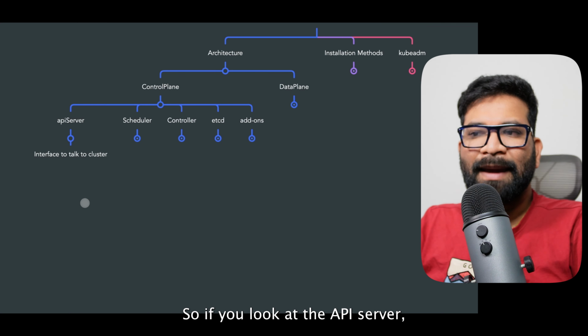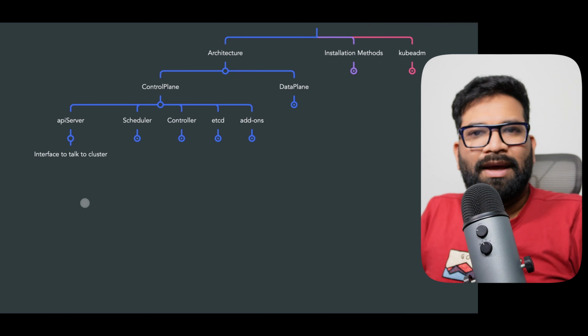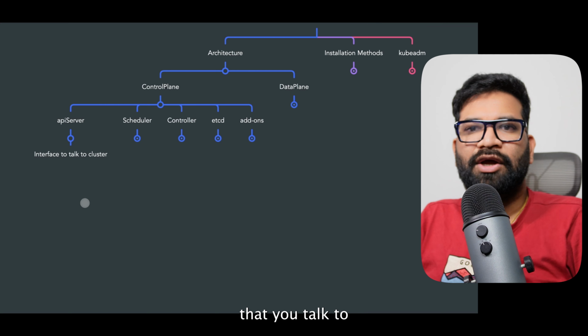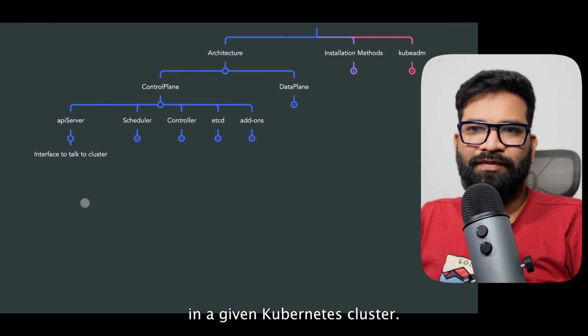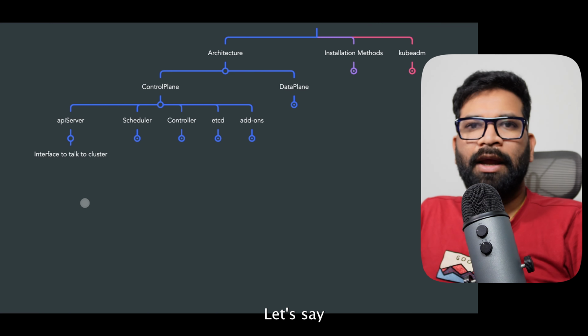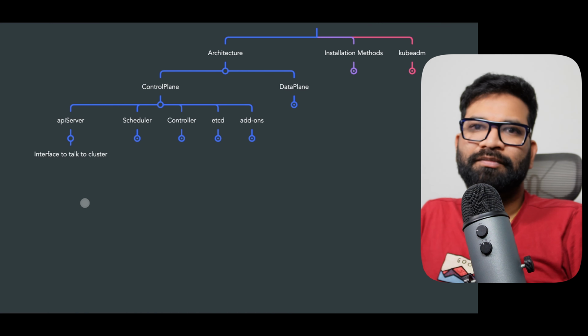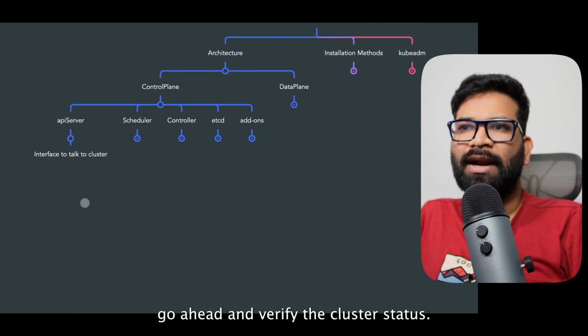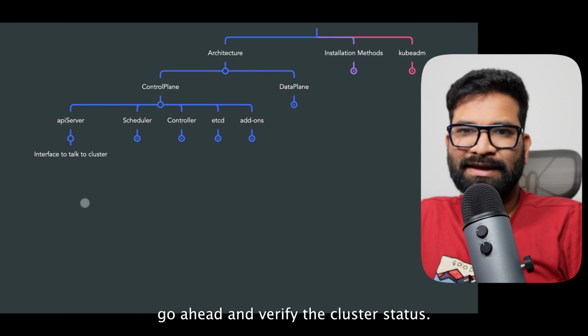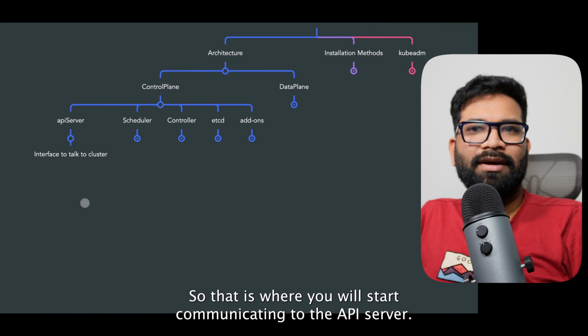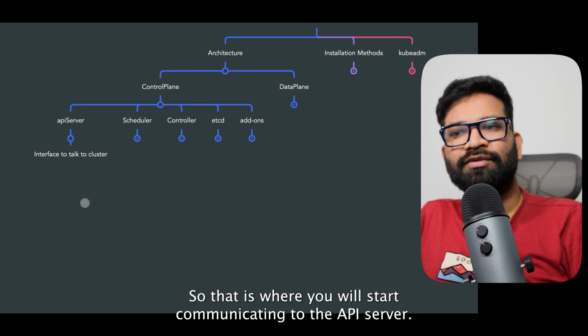The API server is the interface that you talk to in a given Kubernetes cluster. Let's say you are onboarded to a new project and your manager asks you to go ahead and verify the cluster status. How are you going to do that? That's where you will start communicating with the API server.